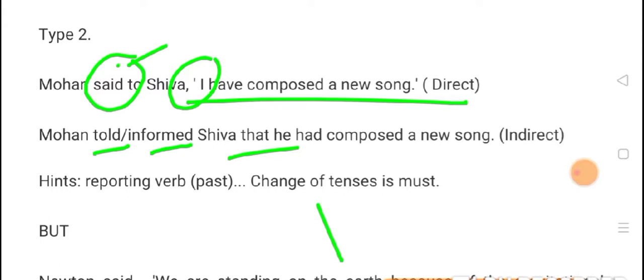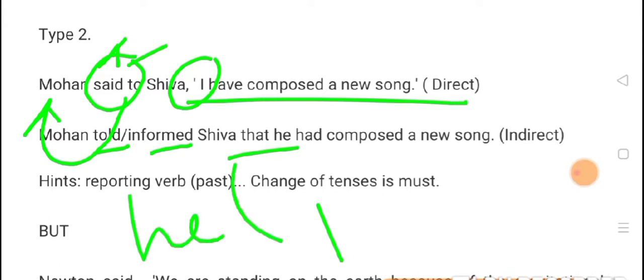The reporting verb is said, the subject of the reporting verb is Mohan. So can we write Mohan told Shiva, or Mohan informed Shiva that he. So who is he? Because two names are there, it is better to mention in brackets.